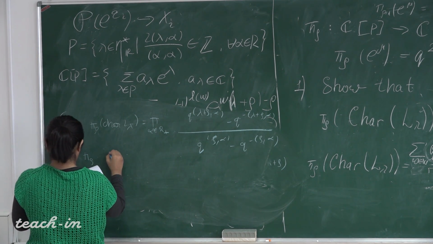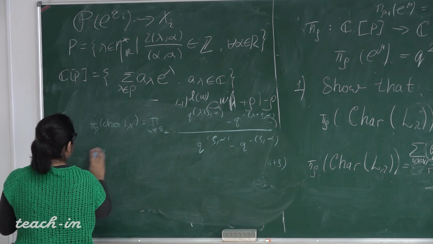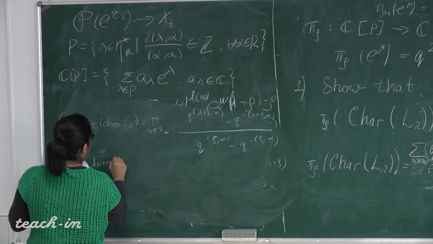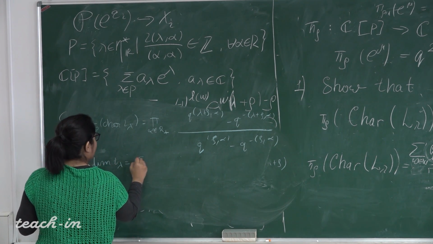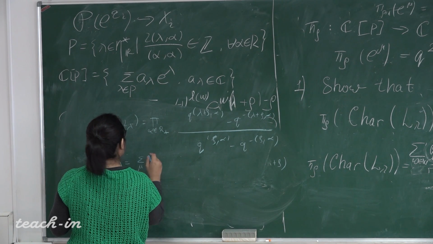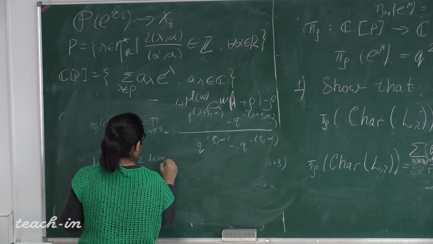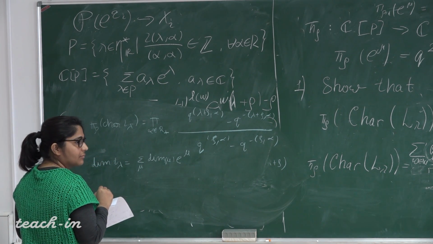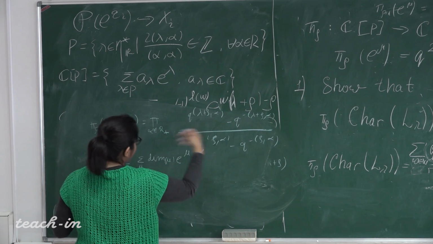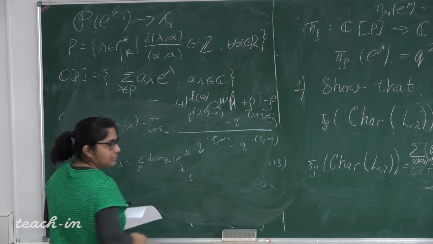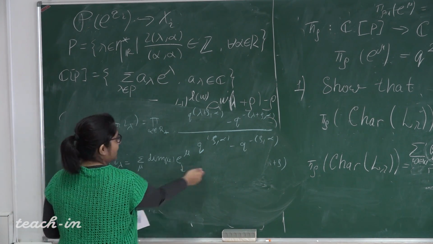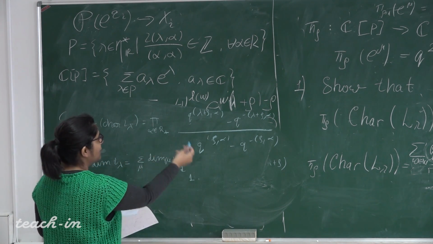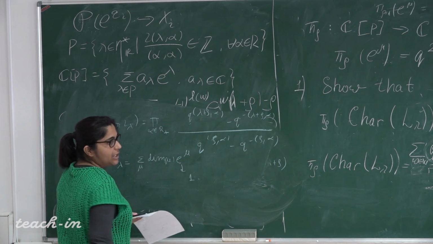The dimension of L lambda is the sum over mu of the dimension of mu, e to the power mu. Now we say that we take q to 1, so that we can get this. And we can take q to 1 here because q is the exact mapping of e to the power.